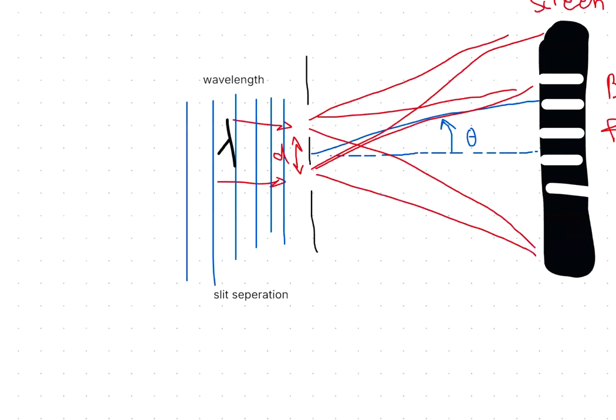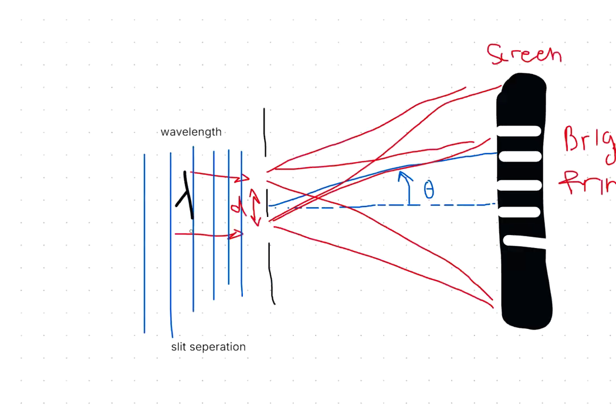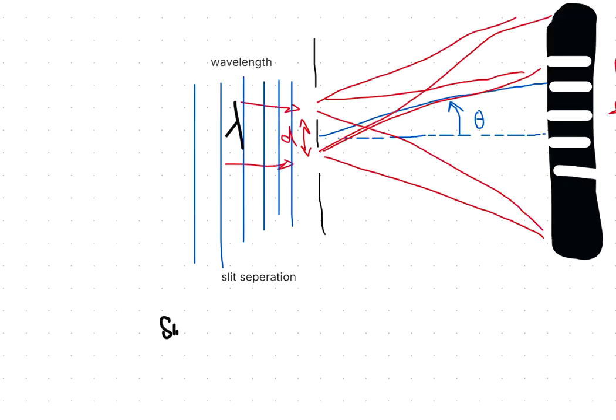Now the general formula for bright fringes in a double slit setup is sine of theta equals m times lambda over d. The problem tells us that angle theta is really small.